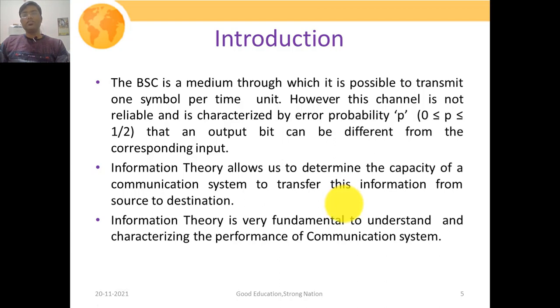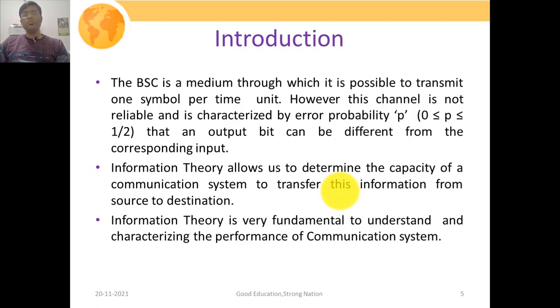The error probability P generally lies between 0 and half, and an output bit can be different from the corresponding input. But in a reliable communication system, we should always get the same information that was transmitted at the transmitting side.